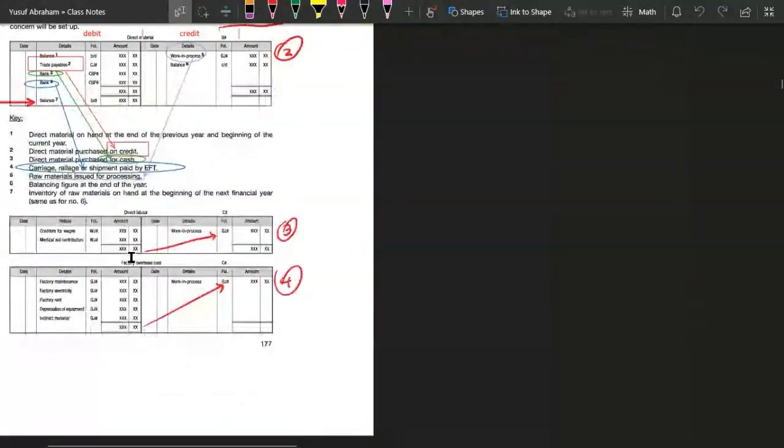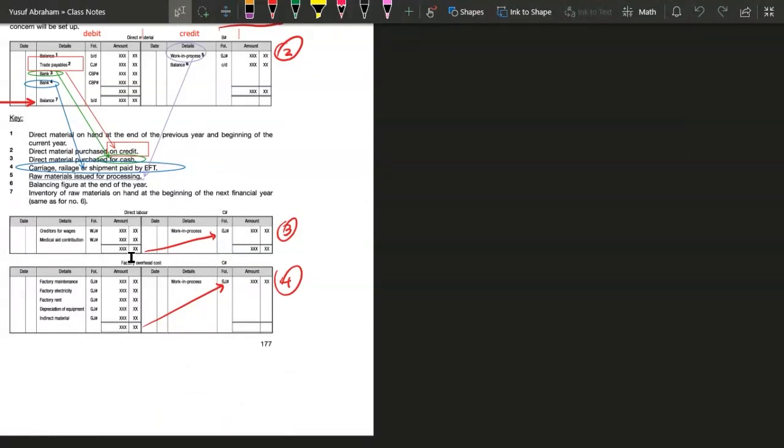Direct labor, same concept. Whatever has to do with labor, money that we are paying, medical aid contribution, UIF, you know what UIF is, right? All these things that are involved in direct labor. Who are the direct labor?